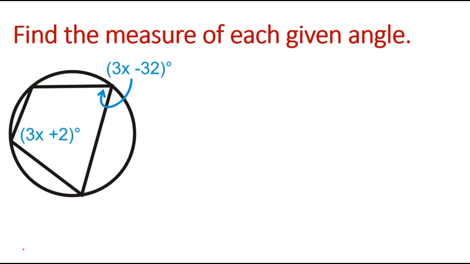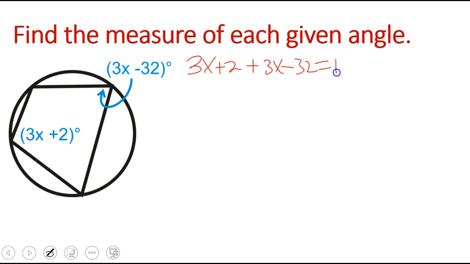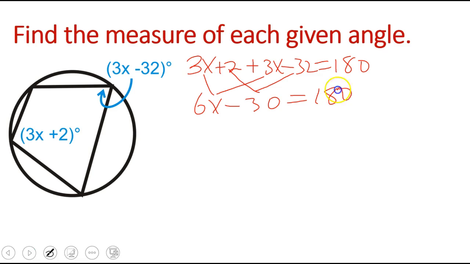Because they are supplementary, we set that up, add that up, plus 3x minus 32 equals 180. Then we collect like terms, so that's 6x. Then we add those two, minus 30 equals 180. So we can add 30 to both sides.